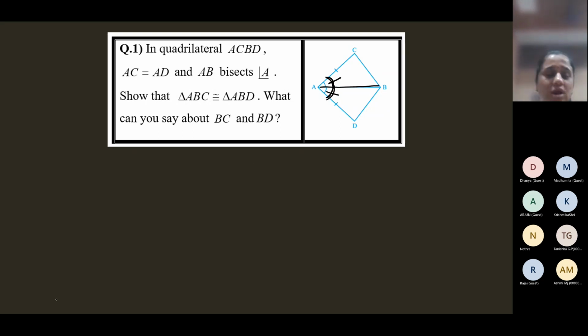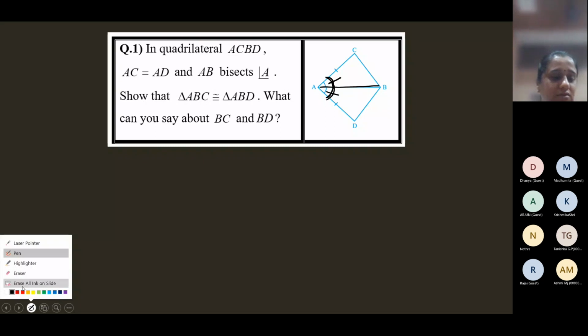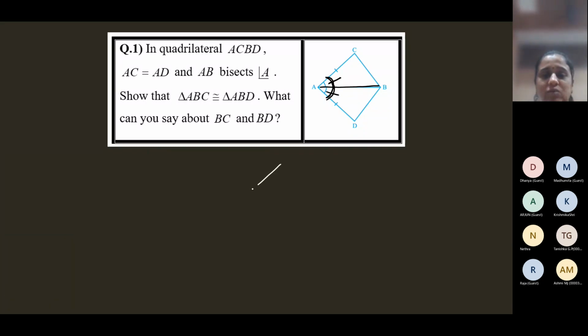See, if this line was not there, supposing the quadrilateral was like this. Okay, so this is A, this is C, this is B, and this is D. Now there is only one angle at A. But what's happening? There is this line segment AB.